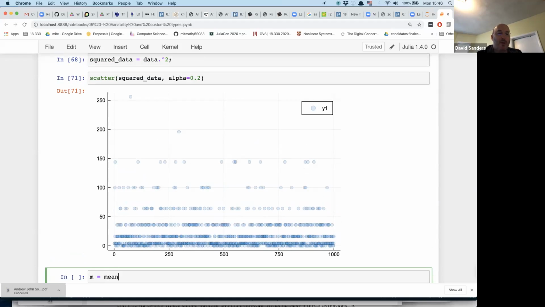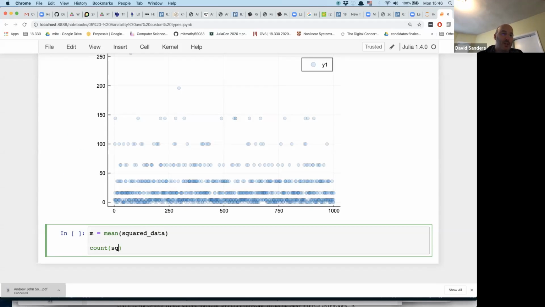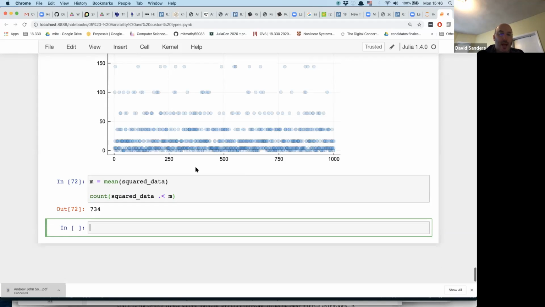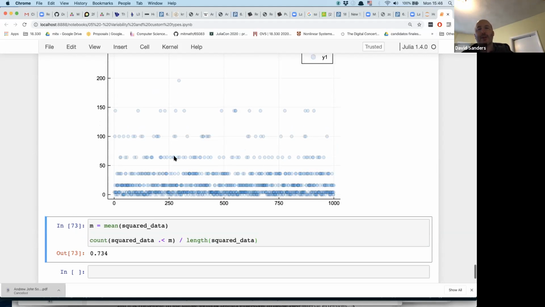So let's call m equals mean of the squared data. And we could plot that, we're not going to do that. And then we want to know how much of the squared data is less than the mean, divided by the length of the squared data. And the answer is 0.73. So actually a lot more of the data is now concentrated less than the mean. And so this is one of the reasons that using this variance is useful.